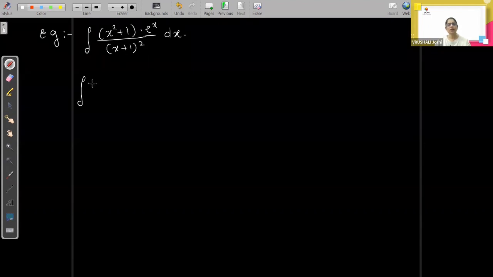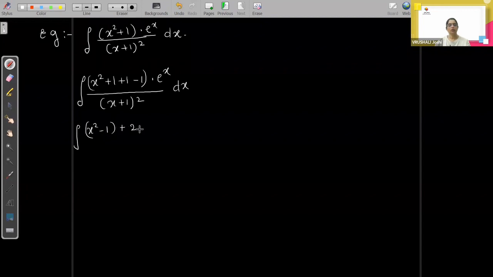This is equal to x square plus 1, so here we can do plus 1 and minus 1. If you do plus 1 minus 1, in the bracket, e to the power x by (x plus 1) the whole square dx, correct. Then we can write this as integration of (x square minus 1 plus 2) by (x plus 1) the whole square into e to the power x dx, correct.